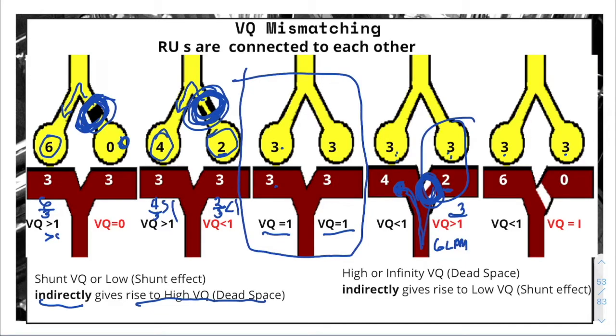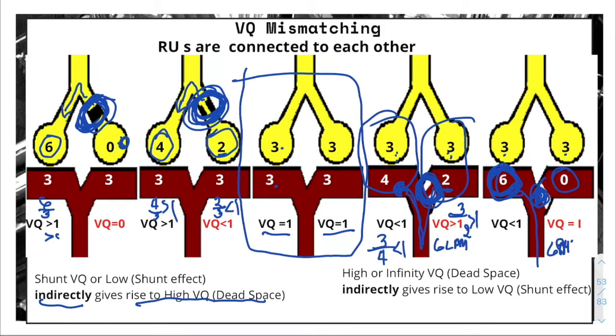So in this respiratory unit, ventilation of 3, perfusion of 2 will have a VQ of greater than 1. While in this respiratory unit, you have a ventilation of 3, perfusion of 4, a VQ of lesser than 1. In complete obstruction, the 6 liters of blood will go to the other side. So you have 6 liters going to the left, 0 on the right.